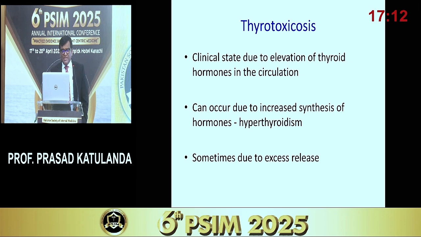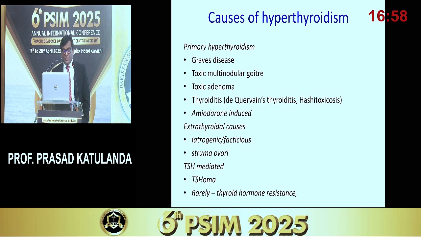So we know that thyrotoxicosis is a clinical state of elevated thyroxine in the circulation. This can be due to increased synthesis, where it is true hyperthyroidism, but sometimes this can also be due to excess release, as in thyroiditis. And these are the common causes of hyperthyroidism.